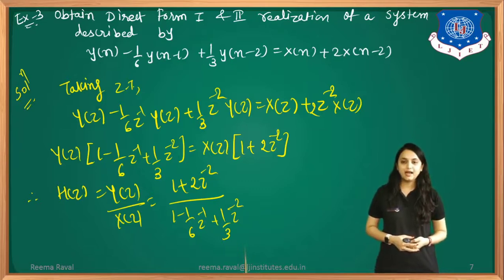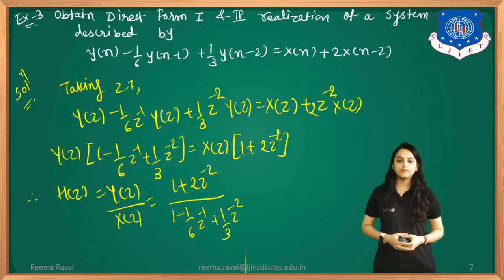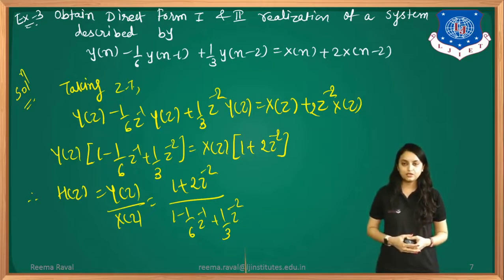Here, if we take the z transform, we will have the equation Y of z minus 1 by 6 z inverse Y of z plus 1 by 3 z to the power minus 2 Y of z, equals X of z plus 2z to the power minus 2 X of z.